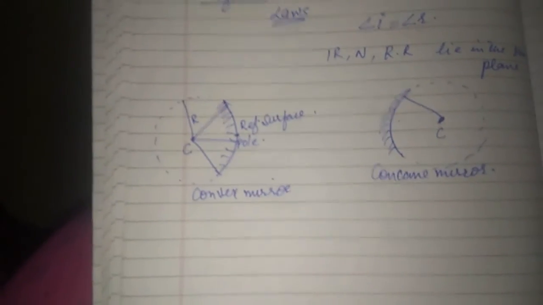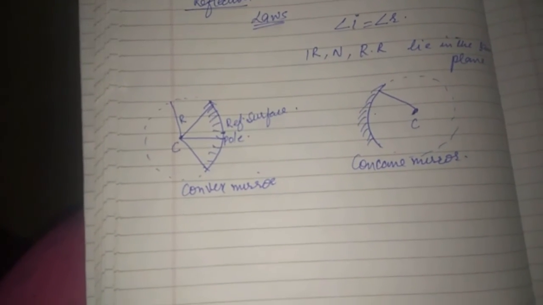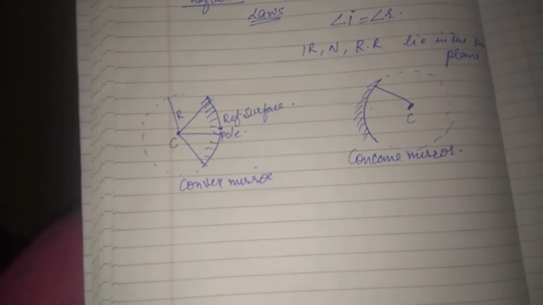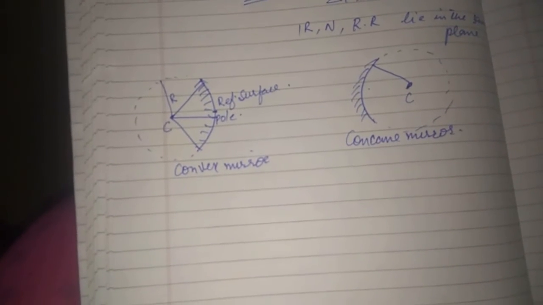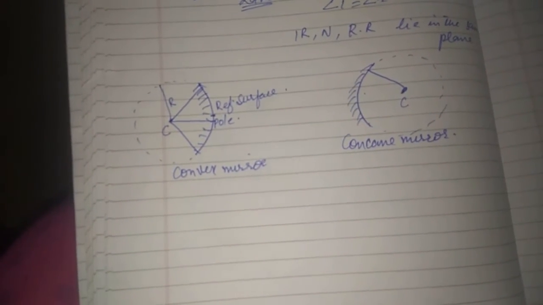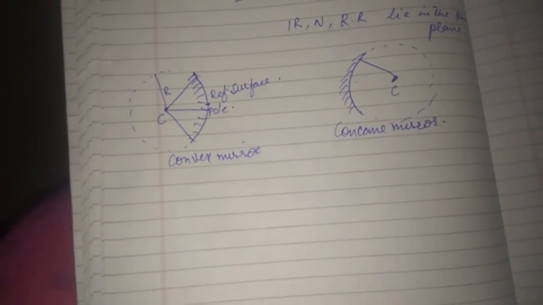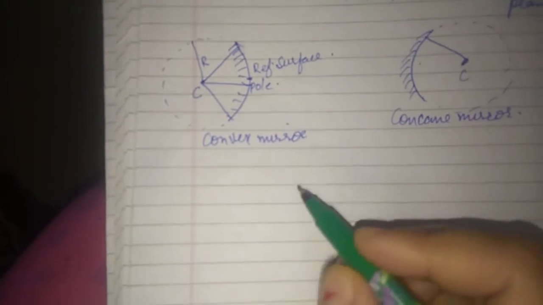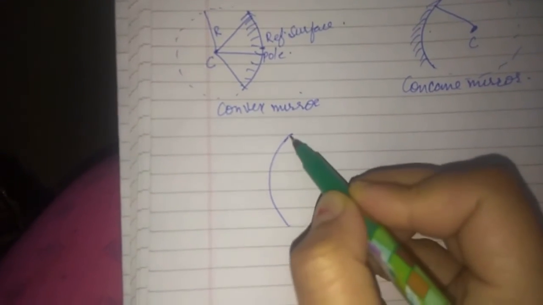When a parallel beam of light is incident on the mirror, it will converge at a point, or it will appear to converge at one point. That point is called the focus. Let us consider the example of a concave mirror.